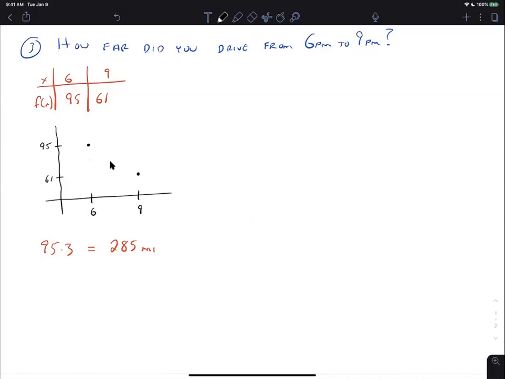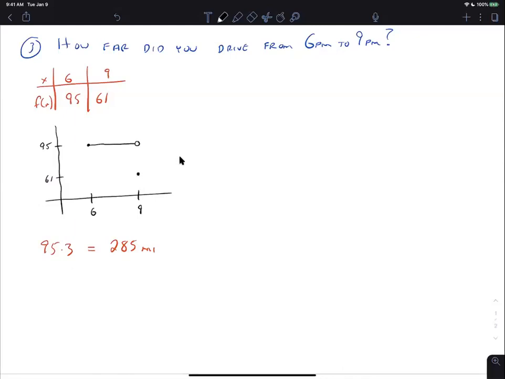It'd be a flat line at 95, and it would be discontinuous because it would jump down to 61. Does that make sense to everybody? Because you have it on cruise control the whole time for those 3 hours. You slam on the brakes and then you start going 61. Everybody clear? Questions?